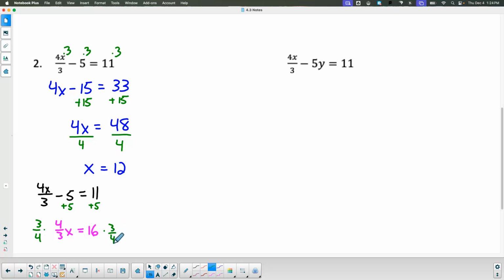Because dividing by 4/3 is the same as multiplying by 3/4 after we keep, change, flip. Because the 3 on the top cancels out the 3 on the bottom, and the 4 on the bottom cancels out the 4 on the top, leaving me just with x. 16 divided by 4 is 4, times 3 is 12. So we get x equals 12 there.